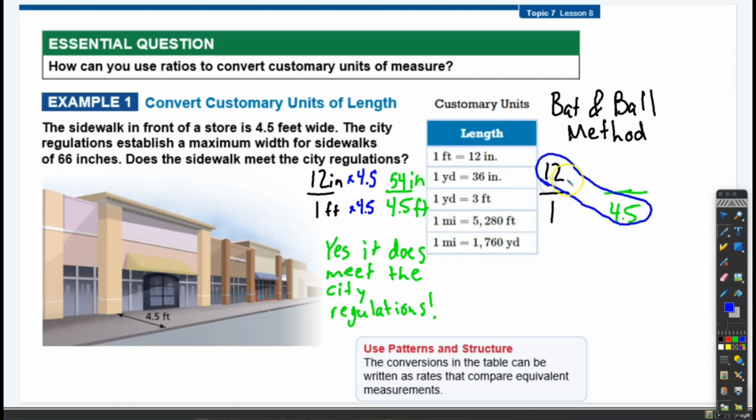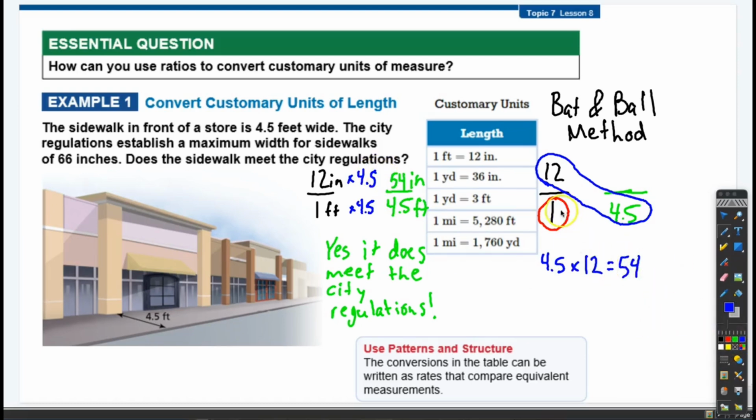Okay, so I've got my bat. Like I said, not really looking like a bat or anything. And this is still not even looking like a ball, but it's a circle, so you should know. So what we do in the bat and ball method, once we have our bat and we have our ball, we will multiply the bat. So we will do 4.5 times 12, and we will get 54.